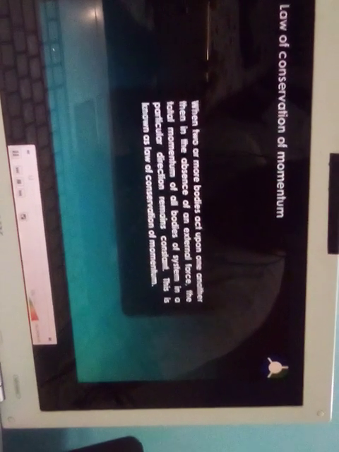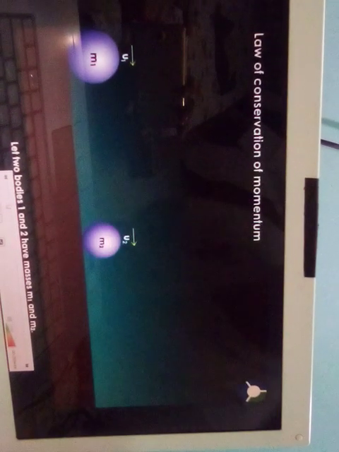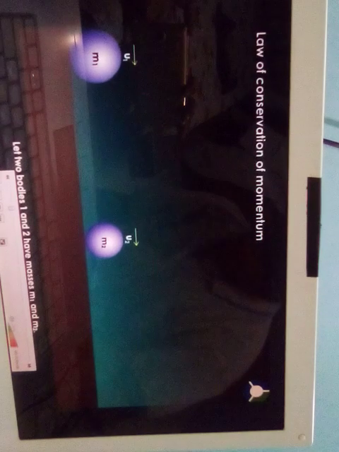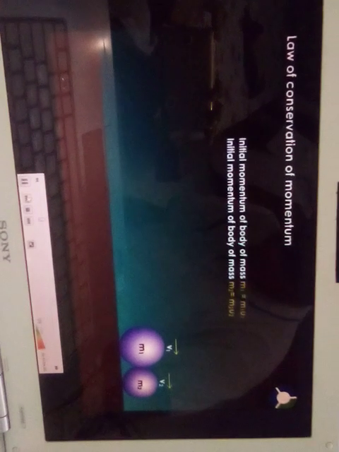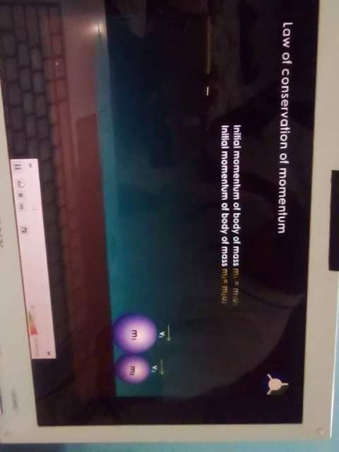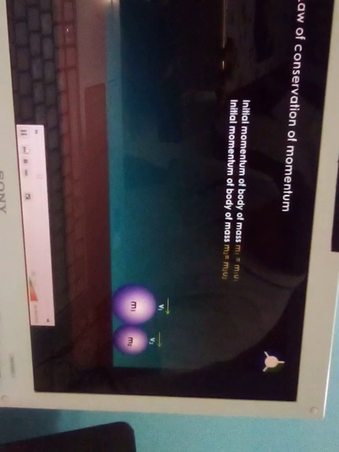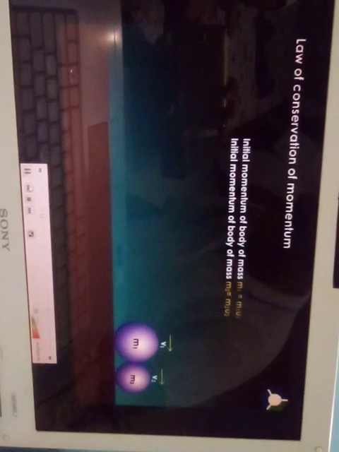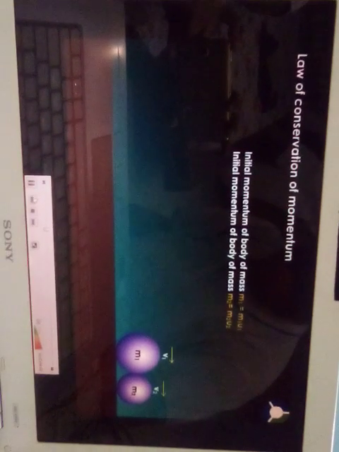Let two bodies, 1 and 2, have masses m1 and m2. Let their velocities be u1 and u2 before collision and v1 and v2 after collision. Initial momentum of body of mass m1 equals m1 u1. Initial momentum of body of mass m2 equals m2 u2.